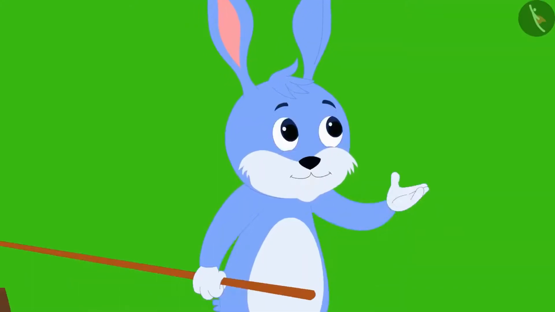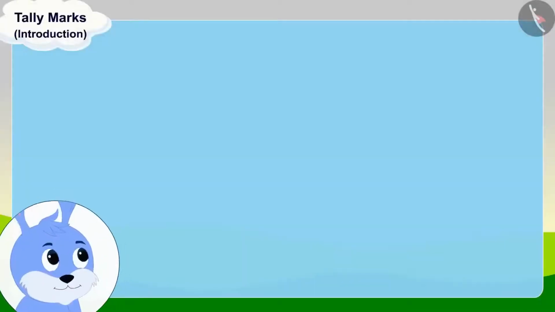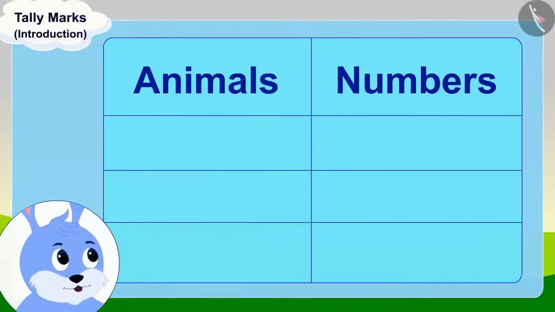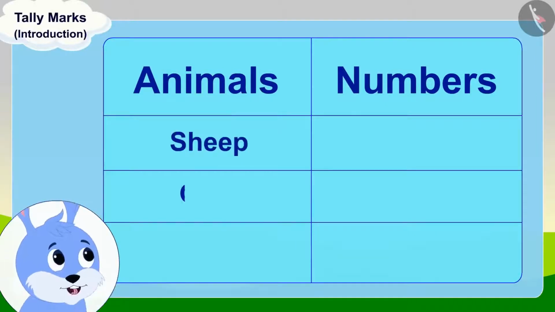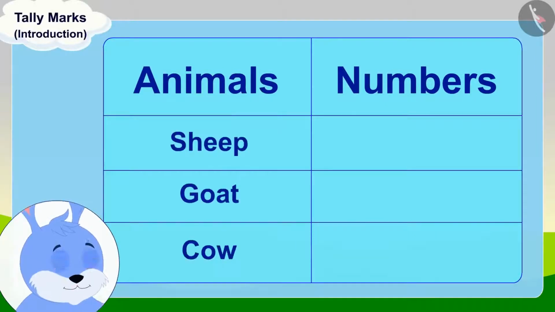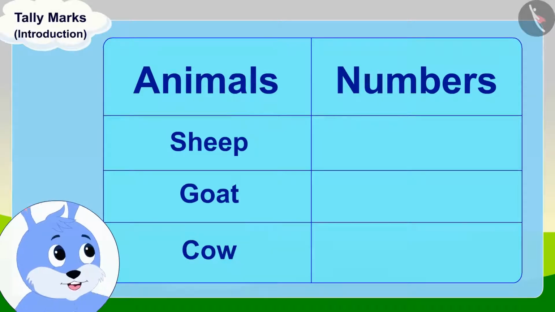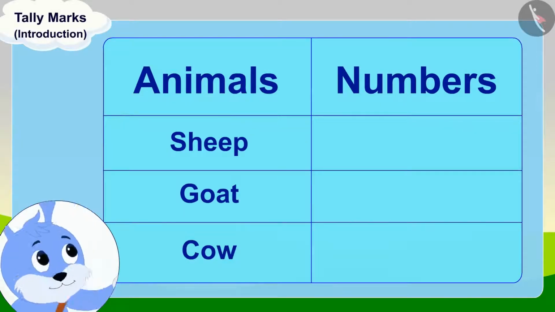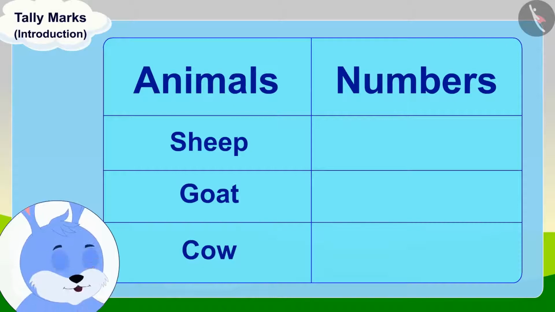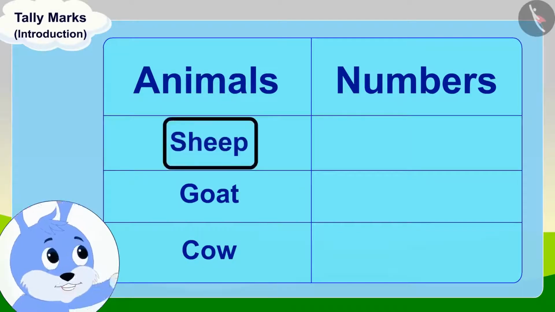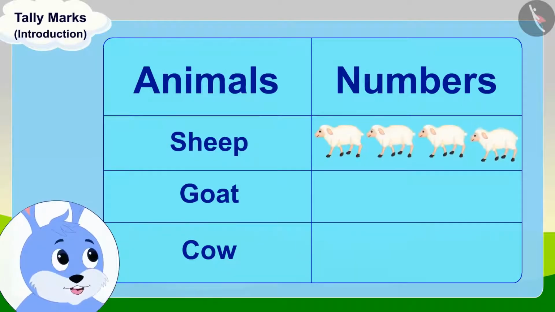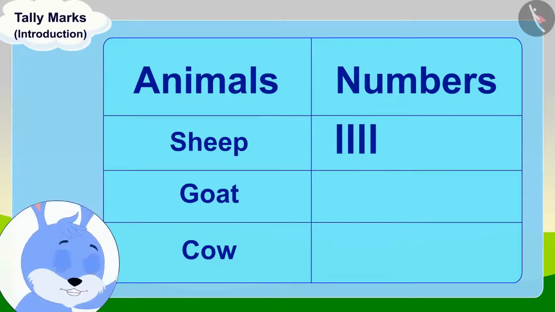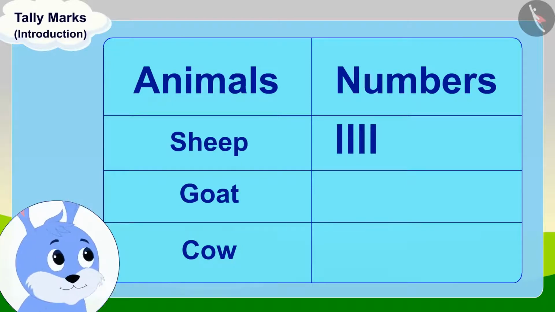It is very easy. First, you make a table like this and write the names of all the things you have to count in it. Now, suppose you want to count your sheep first. Then, you first draw 4 lines like this for 4 sheep.